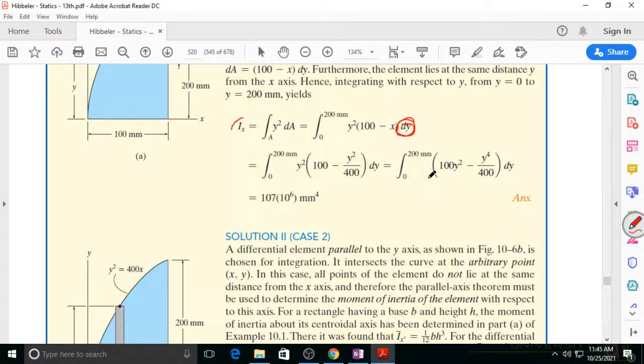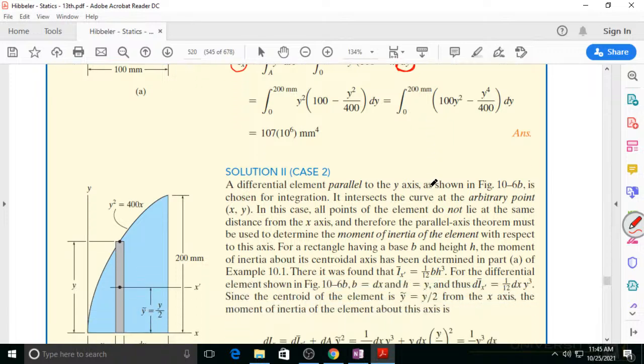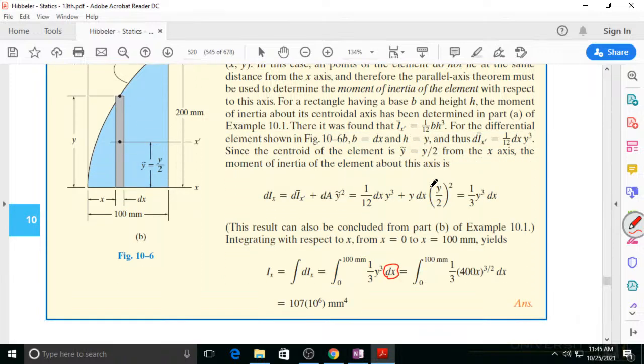He's doing the Ix with the differential here. He's doing the Ix with the, oh, I should have done it right here, with the differential dx. How does he get around doing that?